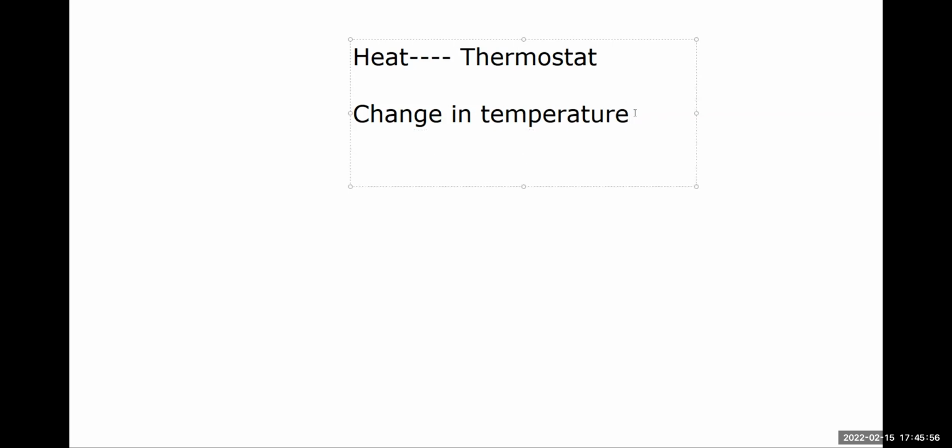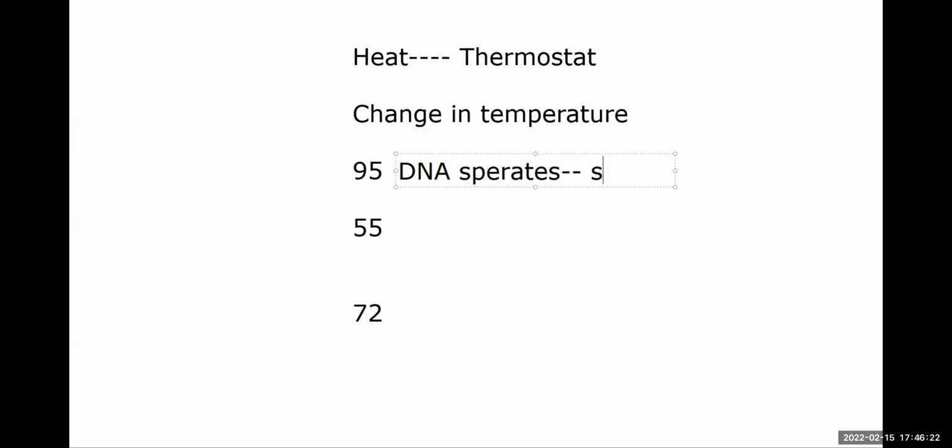Because a PCR operates in cycles. First at 95 degrees, second at 55 degrees, and third at 72 degrees. So what happens at these temperatures? At 95 degrees, DNA separates into single strands. I mentioned to you, the hydrogen bond breaks.